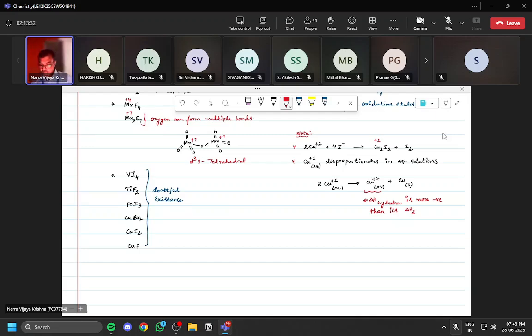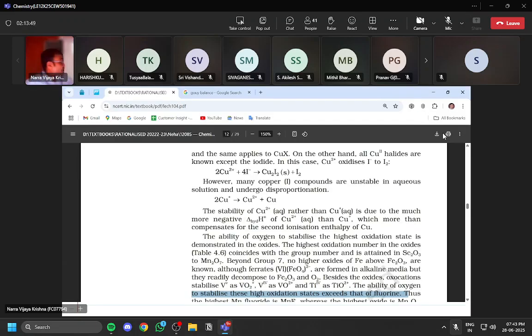Right? Therefore, copper +2 aqueous is more stable. Any other questions in this? So this point is over or not?